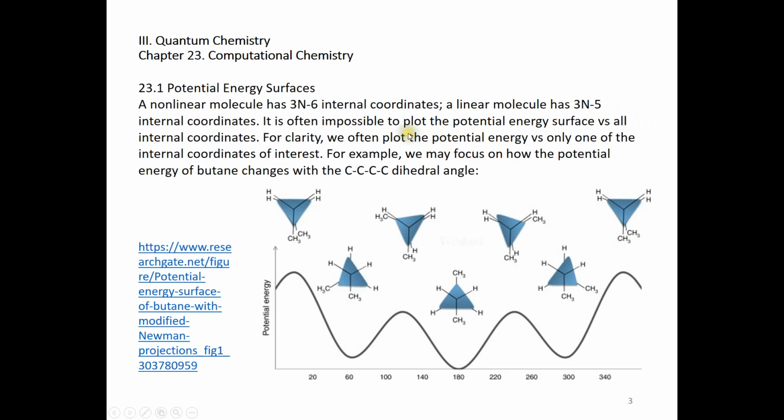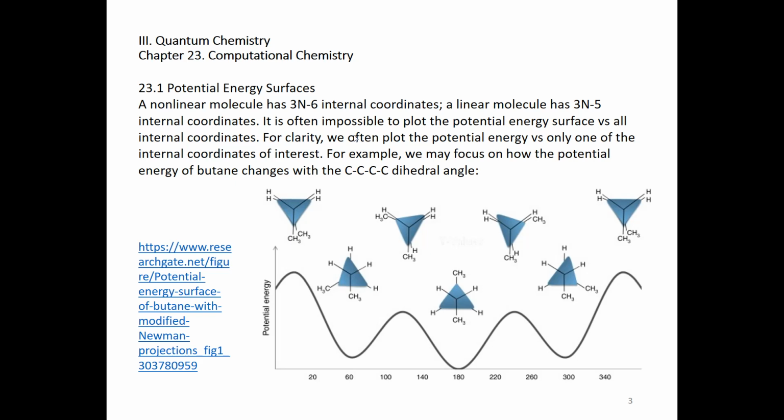It's often impossible to plot the potential energy surface versus all internal coordinates. For example, if you just have water, 3 atoms, there are 3 internal coordinates. There's the OH bond and the second OH bond, and then there's the HOH bond angle.